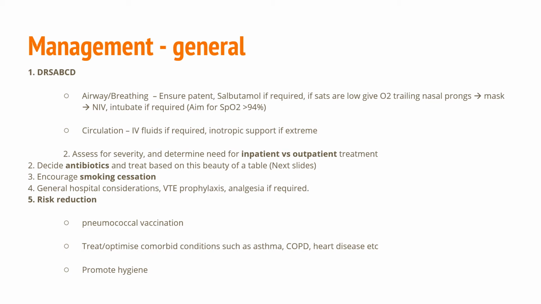I would also do 2 large bore cannulas and start IV fluids if I was worried about dehydration or hypotension. And then assessing the severity, she seems otherwise well, except for her raised respiratory rate, which leads her to fall into the mild pneumonia category, and therefore she could be treated as an outpatient in a GP setting. And I would give her antibiotics.